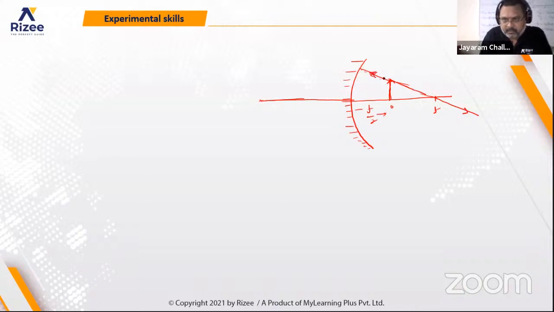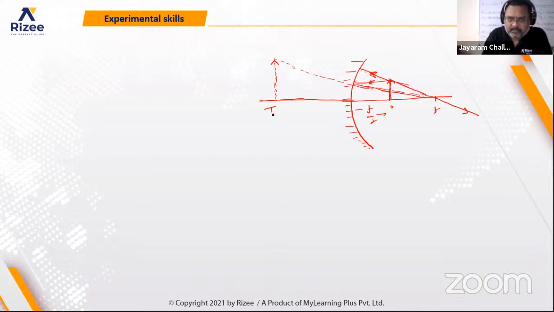Another one, the light ray which is going to be falling straight at this particular point, which is parallel to the principal axis, has to pass through the focus. Then it's a real one. And an imaginary one will be like this, which is going to be here. So virtual, erect like this. This is an erect image which is forming at this particular point.